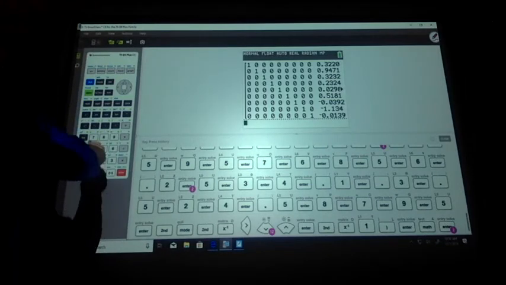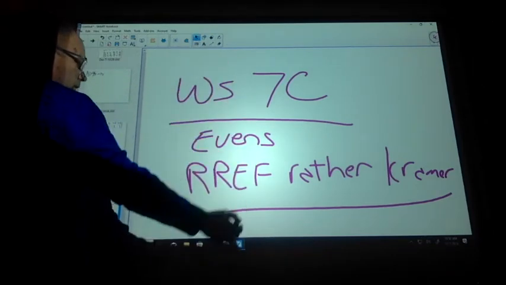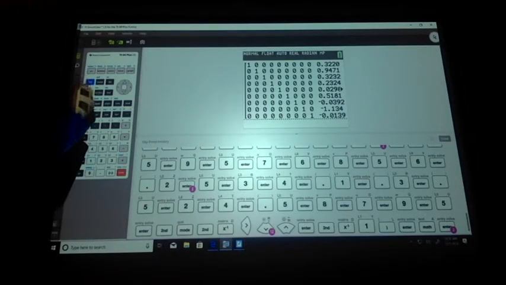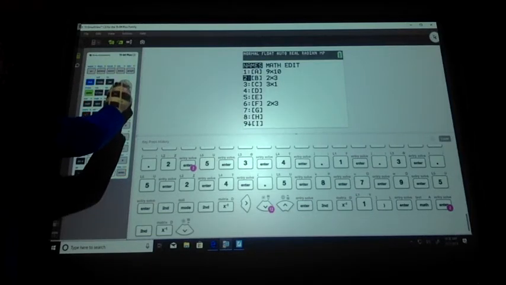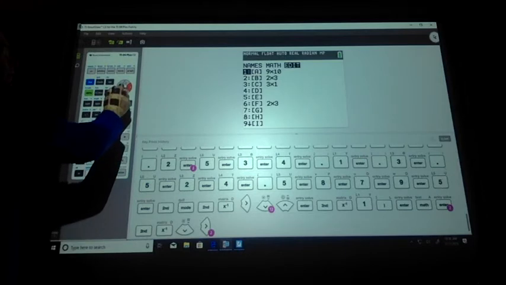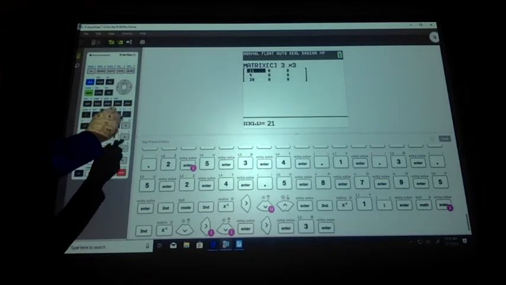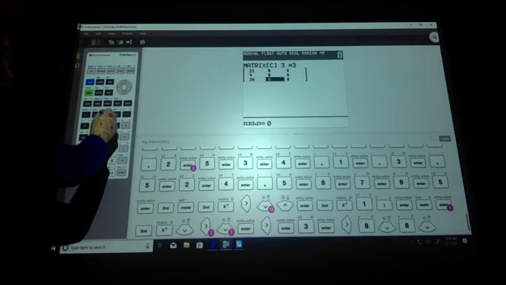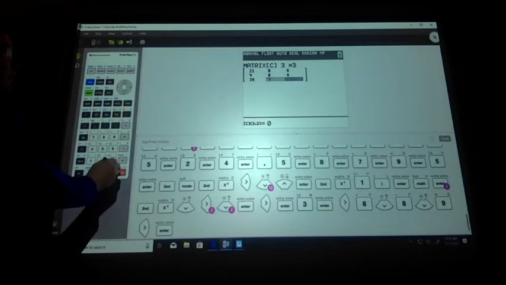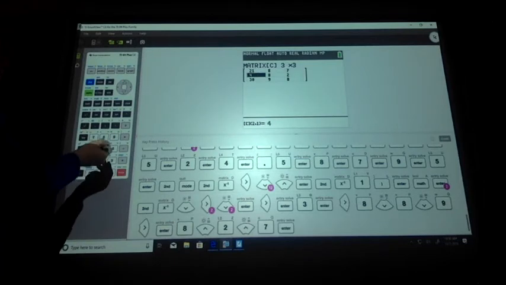Okay, it has to be a square matrix, right? This is where you find the determinant. I'm sorry about that. It's under matrix, so let me just go into matrix, and I'm going to edit one. Make this a 3 by 3. Okay, so maybe I'll put values in, just some random numbers.